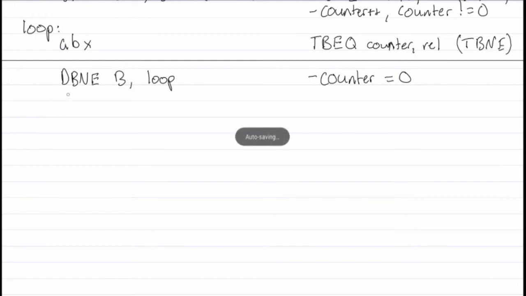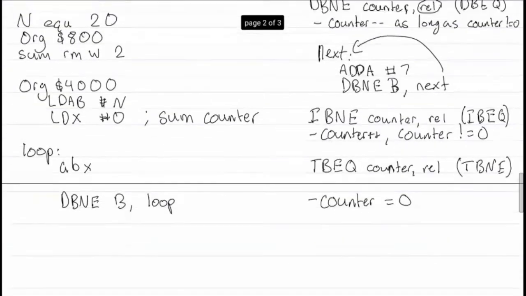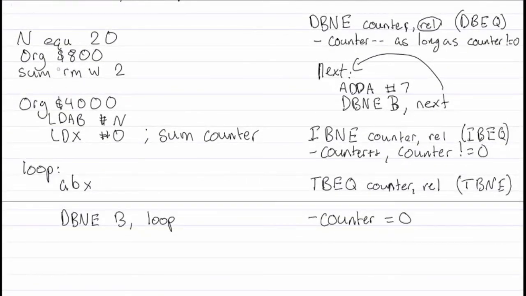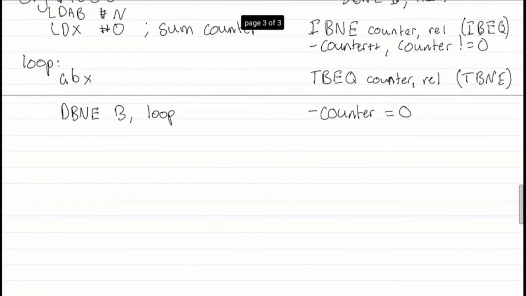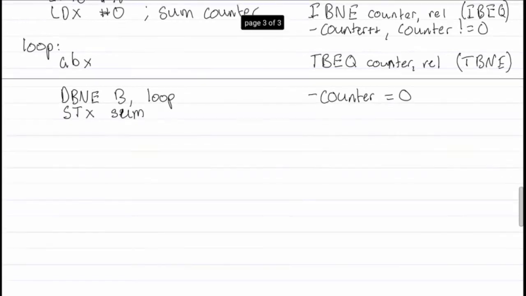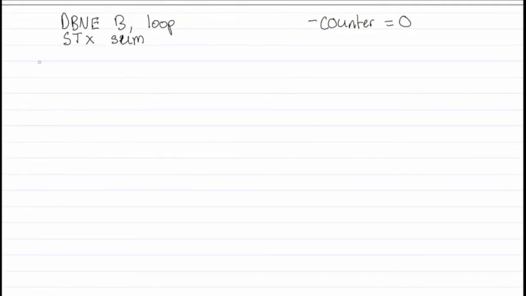Cool? So now after we've looped through this multiple times, we need to be able to store our actual sum from X into our variable, which we saved here for sum. So very easy instruction right here. I'm going to store X into sum. And now we need to actually quit our program.